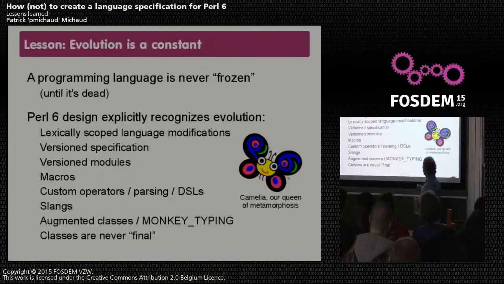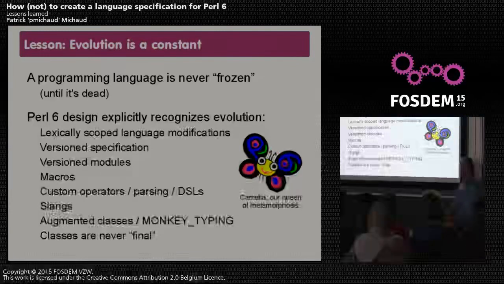We have domain-specific languages. We have slangs, which, again, allow you to modify the grammar of the language that you're in. We have the ability to augment classes. You can take the base level classes that are in Perl 6 and you can add new methods into them. But if you do that, you have to declare that you're doing the evil by saying you're doing monkey typing.